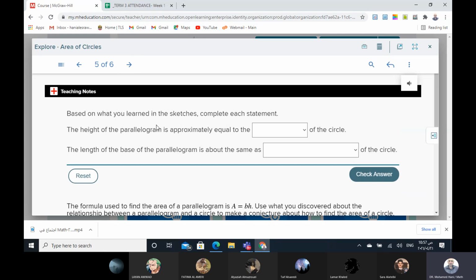Based on what you learned in the sketches, complete each statement. The height of the parallelogram is approximately equal to the blank of the circle: circumference, or diameter, or the radius?